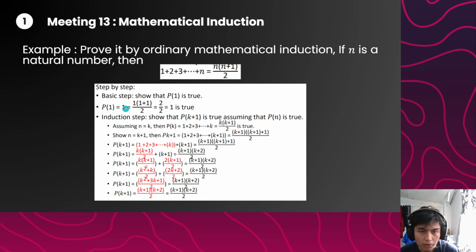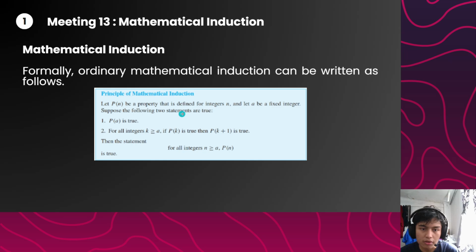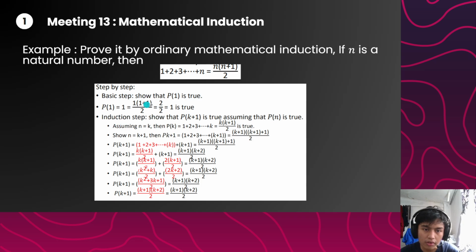For the basic step, which is show that P1 is true, we implement step number 1 here. We substitute number 1 into the formula, which gives 1, which is true.